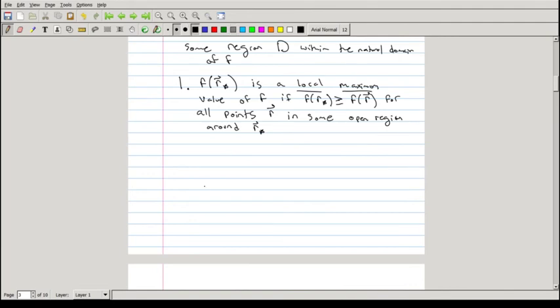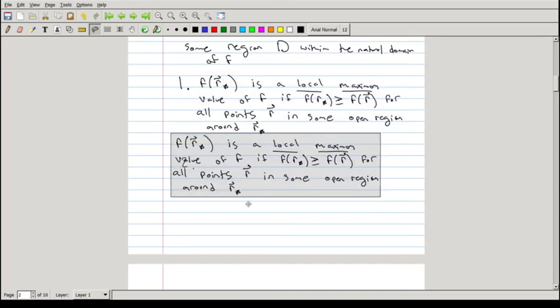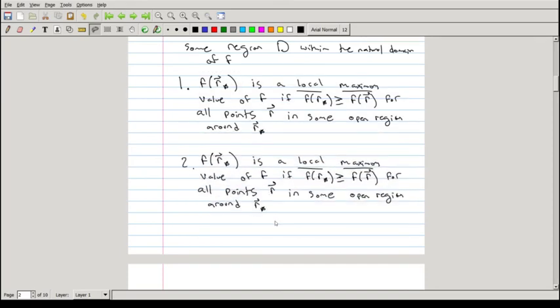The definition of a local minimum is almost directly the same, word for word the same, except we have to switch the inequality around.